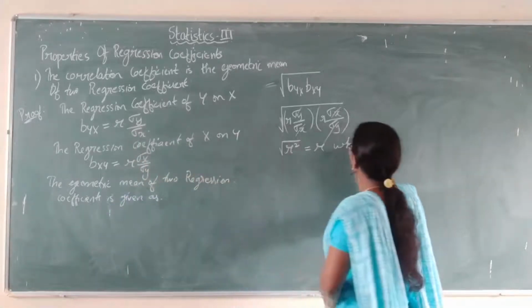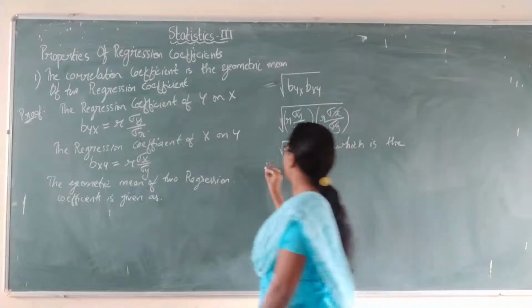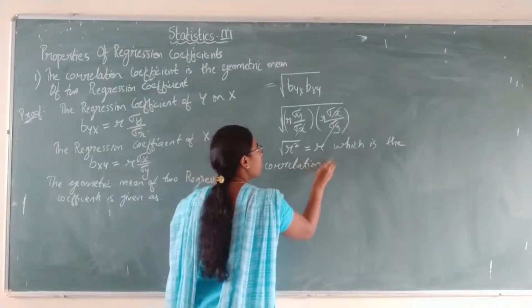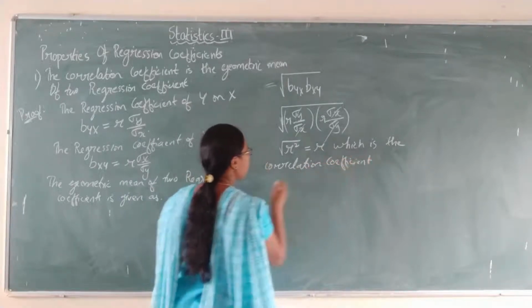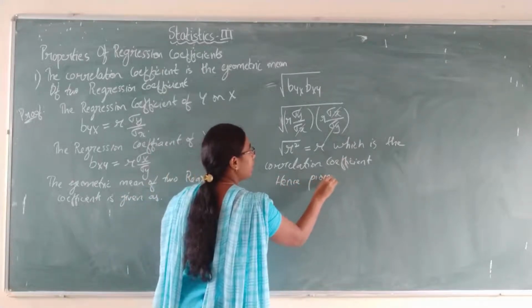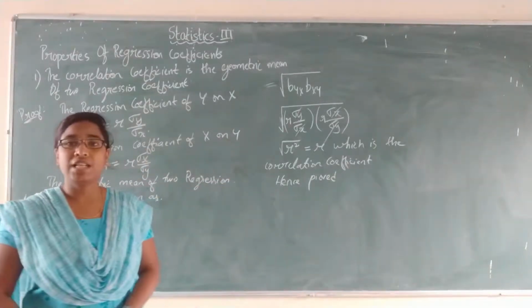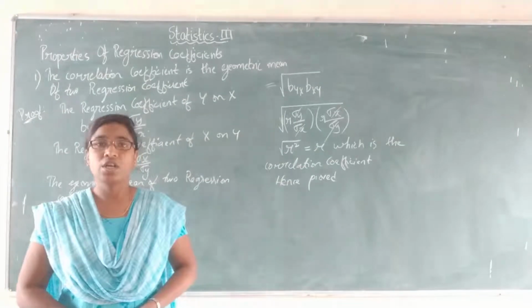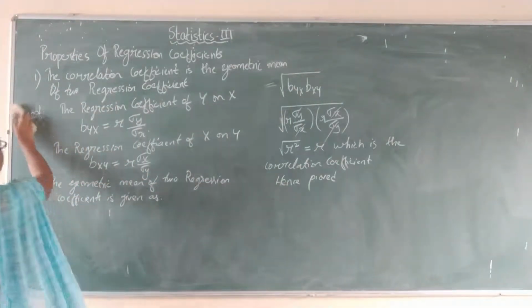Which is the correlation coefficient. Hence proved, right? If you consider the geometric mean between the two regression coefficients, then you will get the answer as r, which is the Karl Pearson correlation coefficient. So this is the first one.